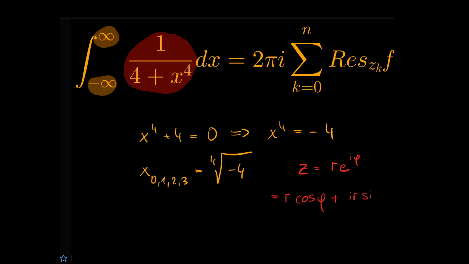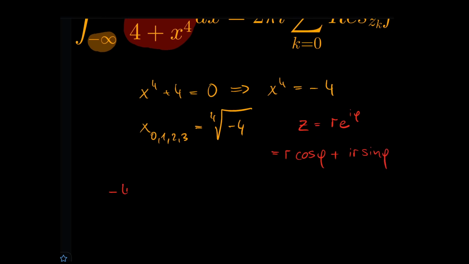So this means that minus 4 can be written as 4 times the cosine of pi, because cosine at pi is equal to minus 1, and we choose the angle pi also because the sine of pi is equal to 0. So we have plus i times the sine of pi, and this can actually be applied to any root of a negative number.